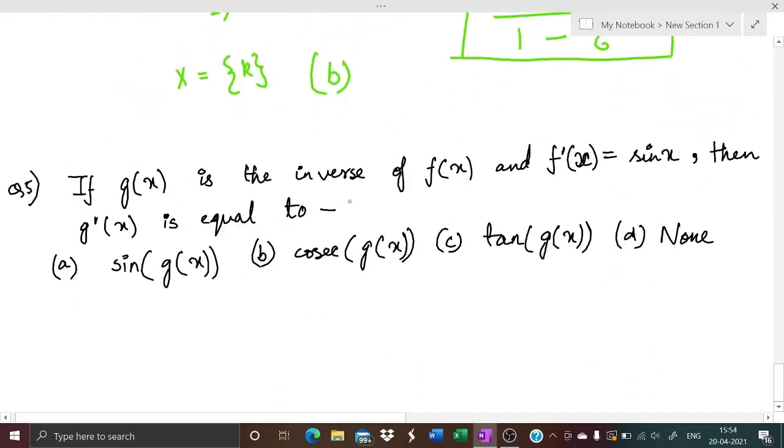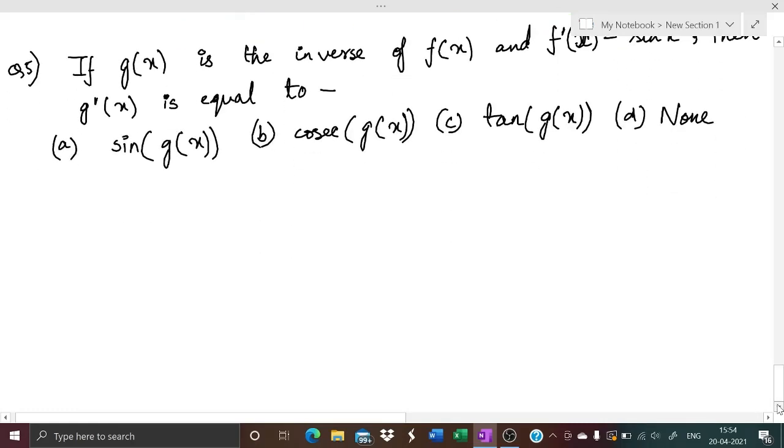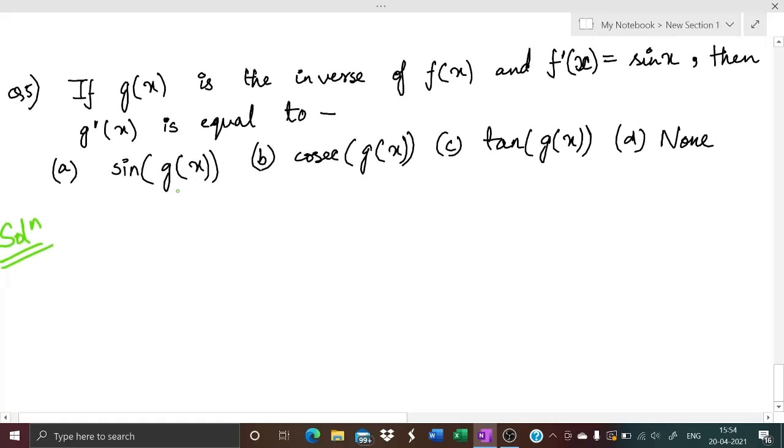Okay, next question. Next question is again on inverse functions. It is given that g is the inverse of f. g of x is the inverse of f of x, and f dashed x is equals to sin x. Then I have to find the value of g dashed x.